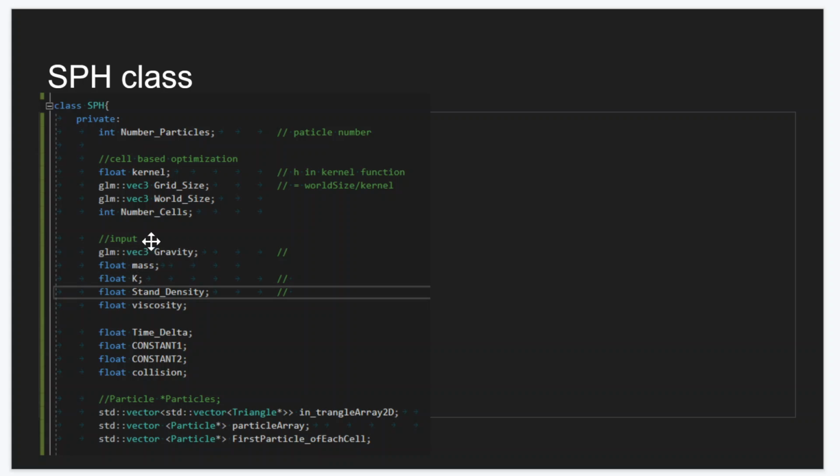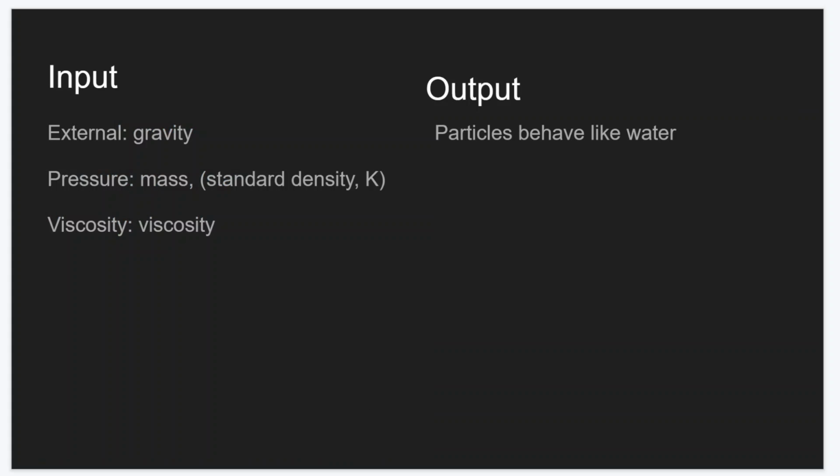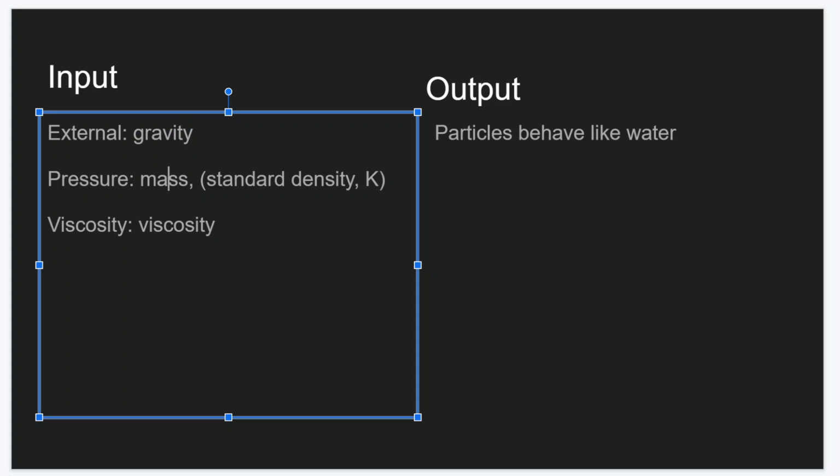So there's some input which I set. I mentioned gravity, mass, K, stand density. Aside from the physics-based variables, there's also some input that we can tweak, but these are not variables with very obvious physical meaning.